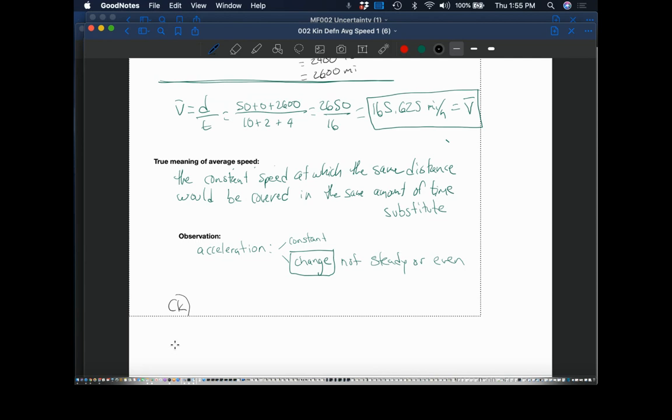The check should be if we traveled at that speed for that amount of time, we should cover the same distance. Is it true? Well, 165.625 times 16 does in fact equal 2,650 miles. Check. And thank you for watching this installment of Physics in a Flash.